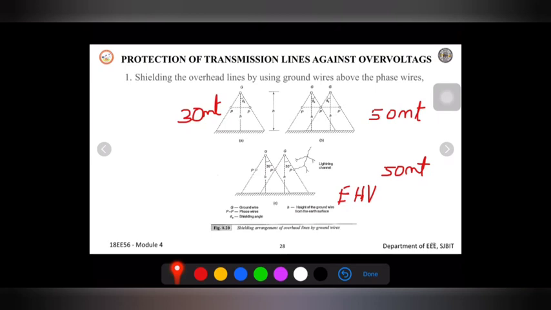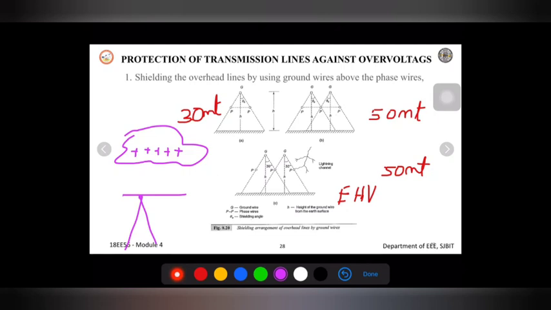So basically, when you have a transmission line, the transmission line will be very high. Suppose I have a transmission tower over here. Now the cloud will be very near to my transmission line. I'm talking about an extra high voltage transmission line, not a medium voltage one. In this case, what happens? The positive charge cloud will be above your transmission line, very near to the transmission line.